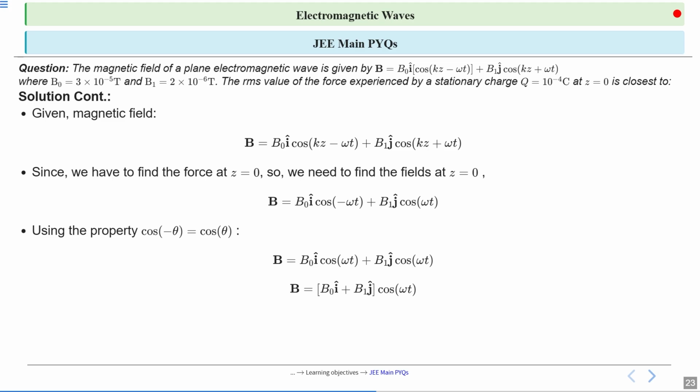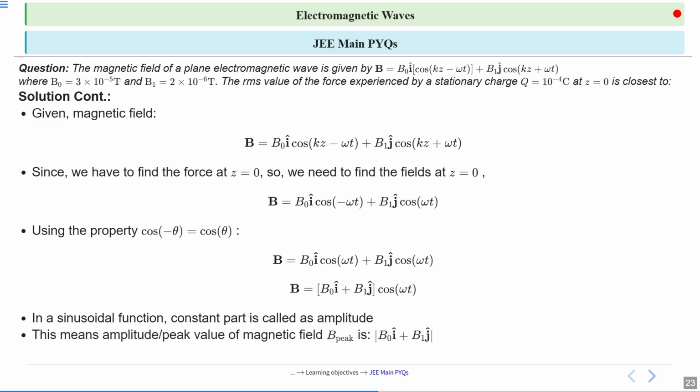B naught and B1 are constant values, but they are in different directions. B naught is in the x direction, B1 is in the y direction, so they are perpendicular to each other. So we have to find the resultant of both of these. In a sinusoidal function, the constant part is called the amplitude. So this constant part, B naught i cap plus B1 j cap, is the amplitude. We have to find the resultant of this amplitude.